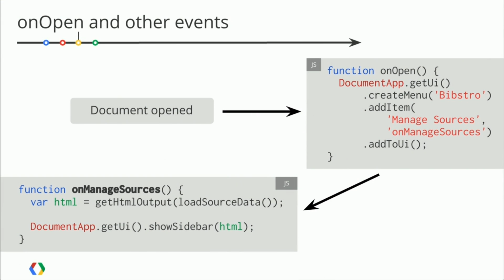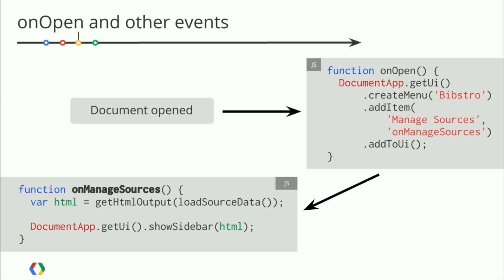So when a user opens a document, AppScript looks in your code and looks for a function called onOpen. So onOpen is sort of that equivalent of main, right? And once AppScript finds onOpen, it executes onOpen. So a typical use of onOpen is to insert menus, because you want to be able to extend the UI once the user opens the document.